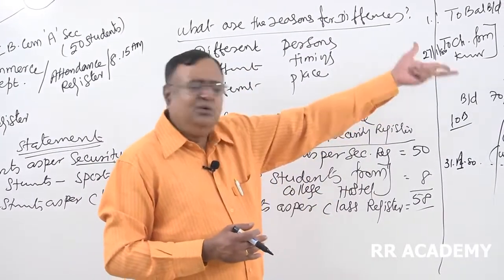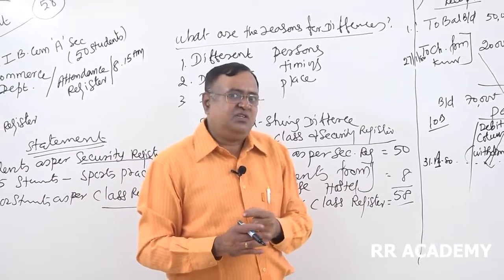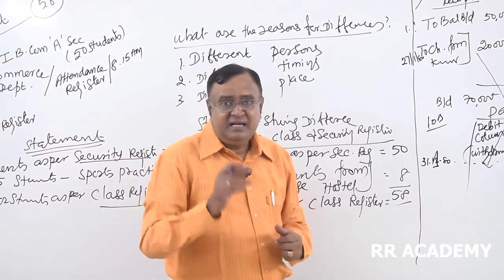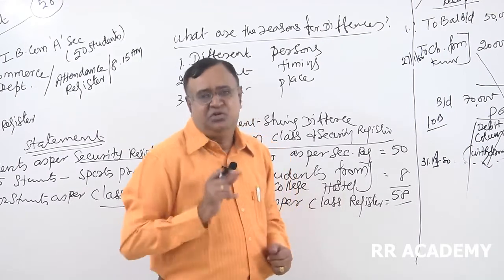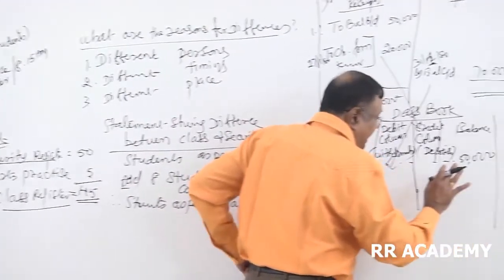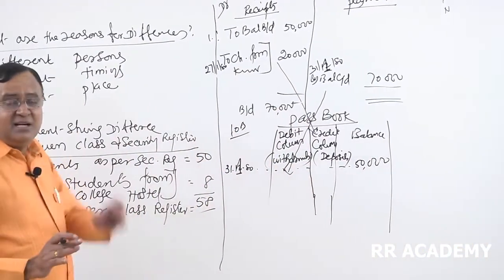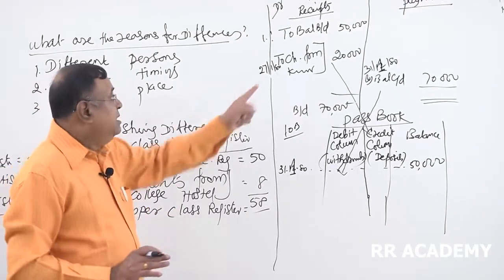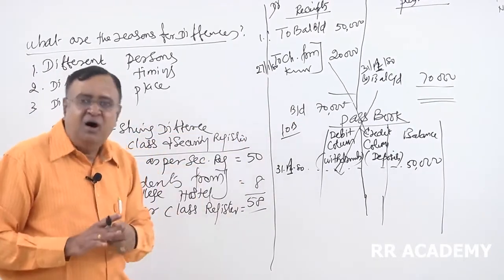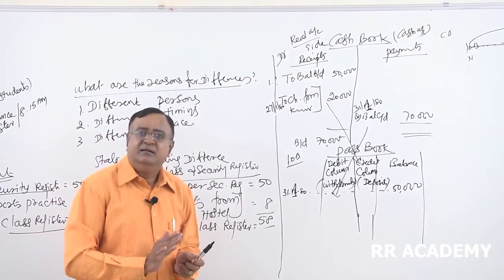Suppose you give a check for 60,000, that check will get bounced. Reason: in the passbook, in the bank, only 50,000 is there, not 70,000. Why? The check received from Kumar has not yet come to our bank.